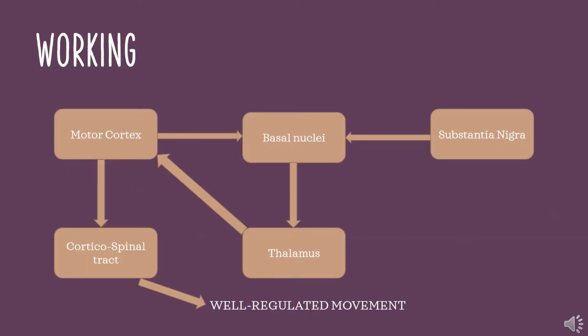Here, I will be explaining how the basal ganglia help in bringing out well-regulated, precise, fine-tuned voluntary movement with the help of a very simple scheme. Let's take an example of swinging a golf club, which requires a certain amount of power and precision for every shot.